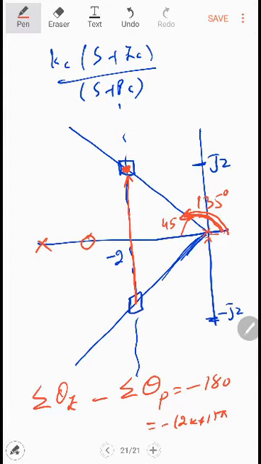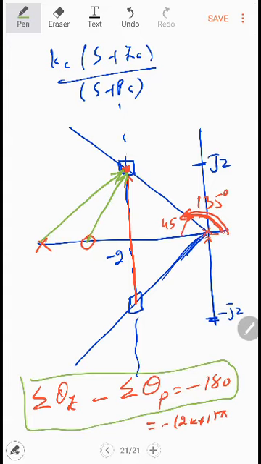So there will be a contribution from this zero and from this pole, and then we have to consider this relationship. This angle is the angle of the zero ZC, and this is the angle of the PC, which means the pole of the controller. ZC means the zero of the controller. This is the closed loop pole over here, and then we have the two poles over here.